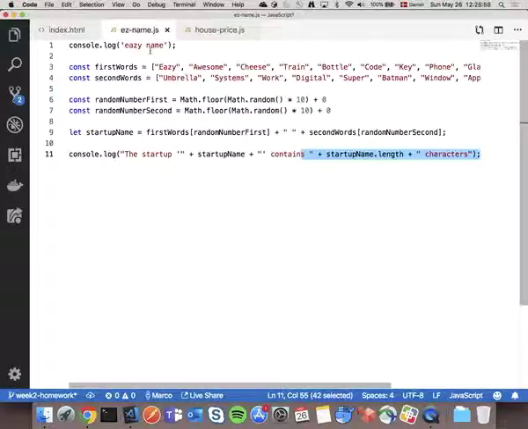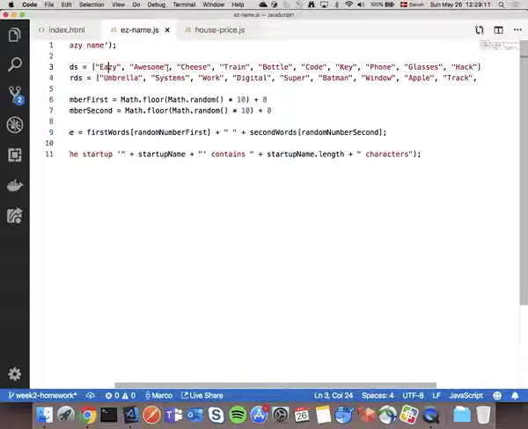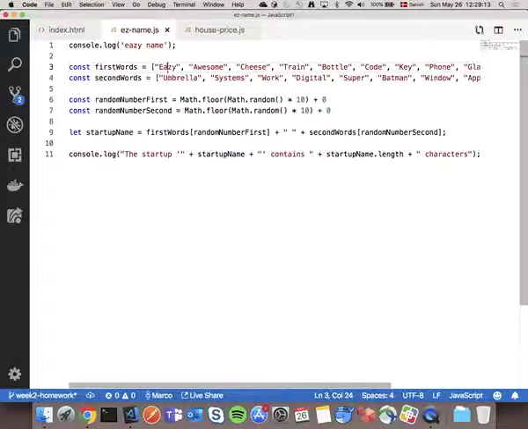So this exercise was about creating easy names, I think that was the name of it, to actually create names. Of course, we would have to have the same amount of names in both arrays, so that if the random number gave 10 and one array only had 9 objects, that would not fit.